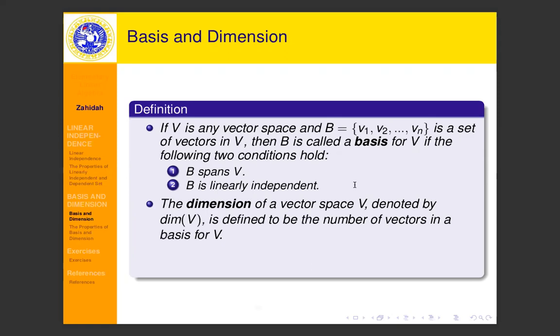And then the dimension of a vector space V is defined to be the number of vectors in a basis for V. For example, if we have a basis v1, v2, until vn, the dimension of the vector space V here is n.